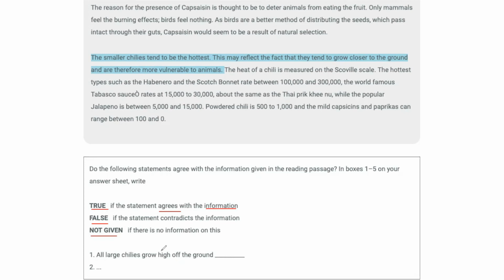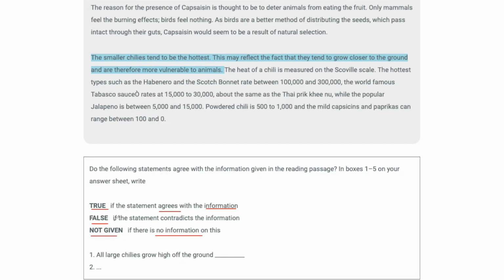However, if the answer is not given, it means the passage just doesn't contain the information presented in your question, nor does the passage confirm or contradict that information. So, as a rule of thumb, always think true is 100% the same, not similar.